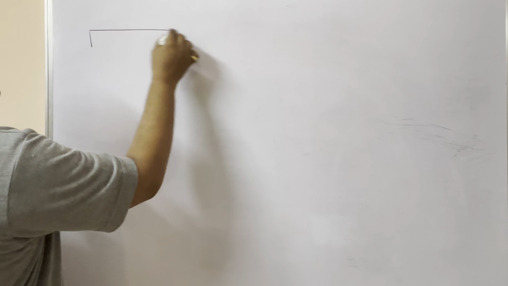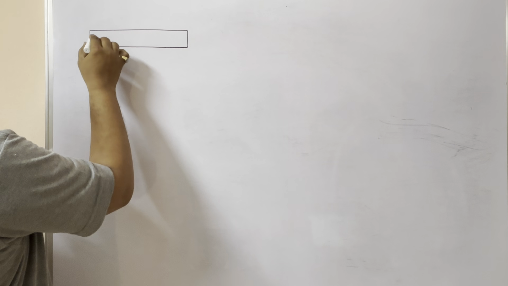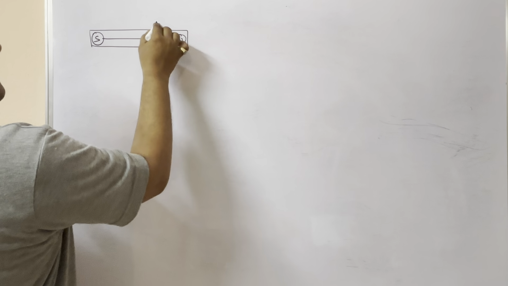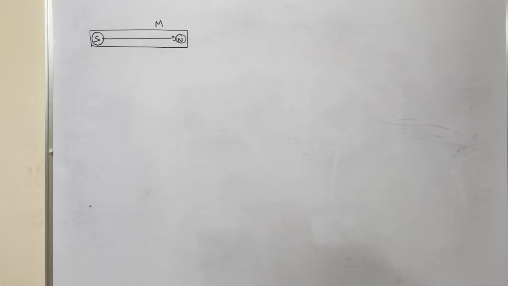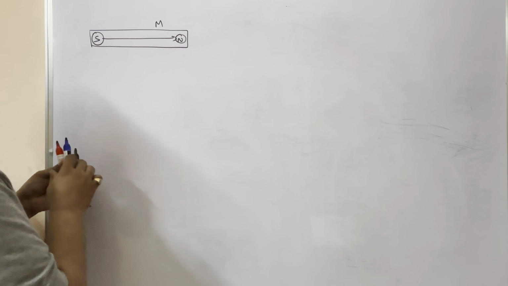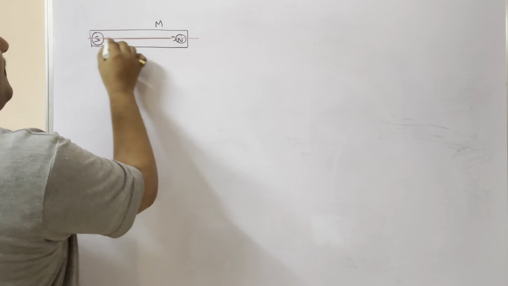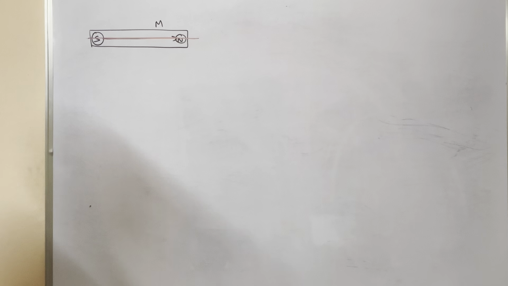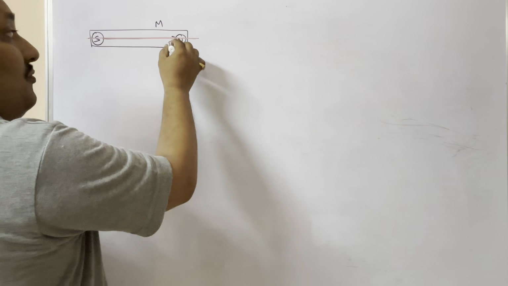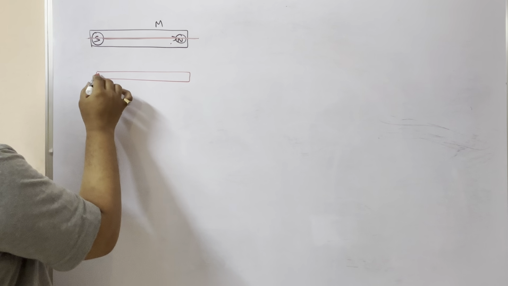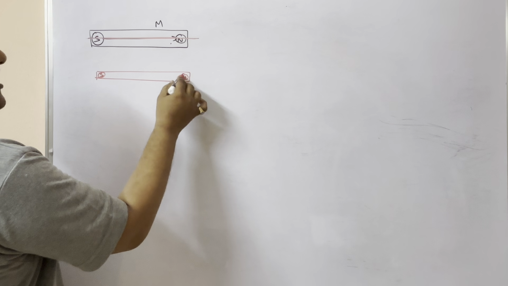Next, see how they may ask questions. So this is a magnet of magnetic moment capital M. Now this magnet is divided into two equal parts by cutting parallel to its length. Now one of the parts, this is the upper part, south pole, north pole.